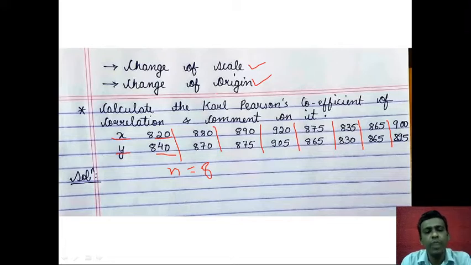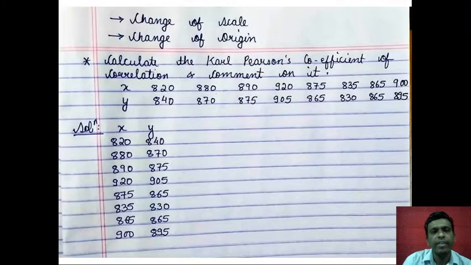So we'll just do what we had done previously. We'll note down x and y values vertically. So this is the problem, and I have noted down x and y values in vertical format, the same as given in the question. So what is the next step? Under the normal process we find x square, y square and xy.